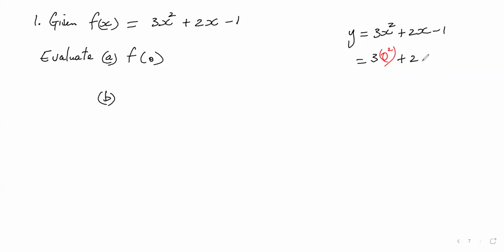I want to say that again. You always square first. 0, 2 multiplied by 0. And then we have minus 1.